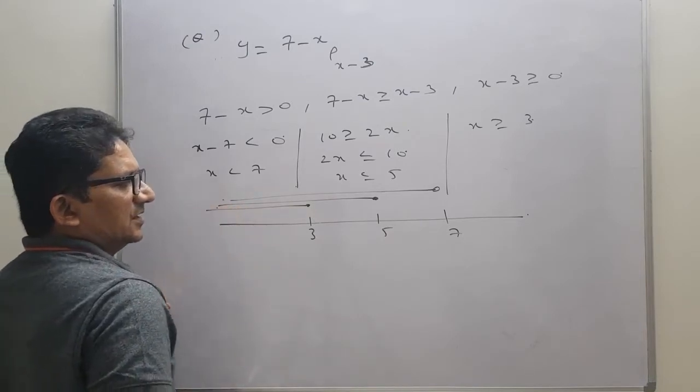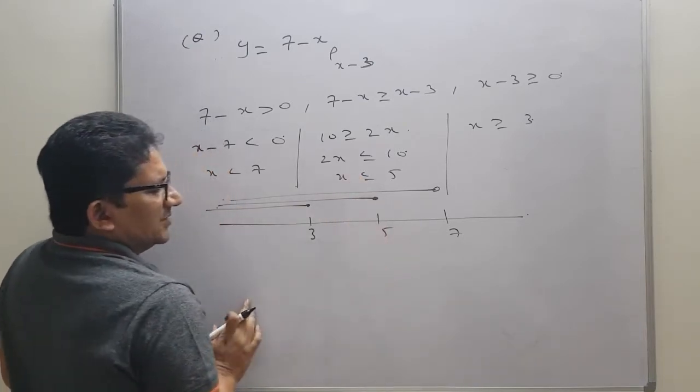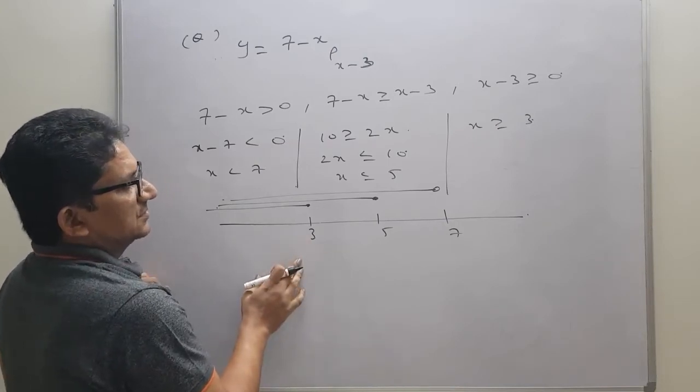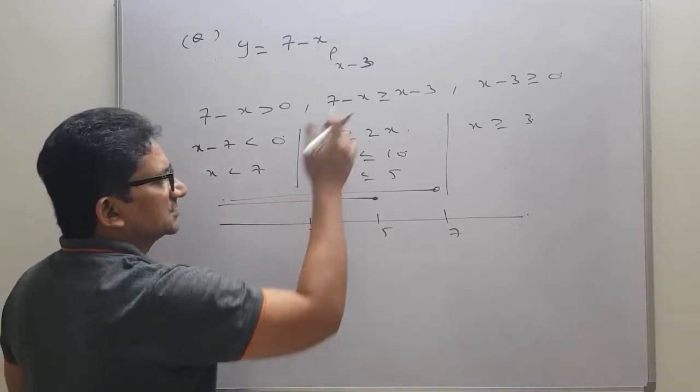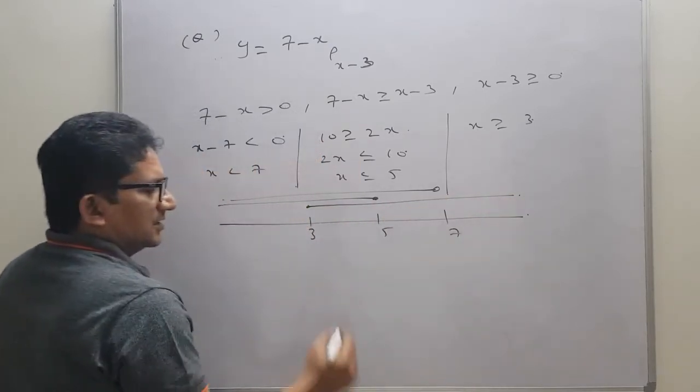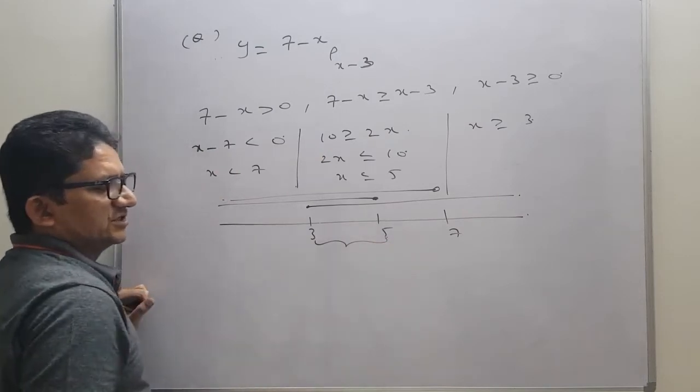Now we need to consider the common solutions here, x greater than or equal to 3. Now we get a combined solution in this region.